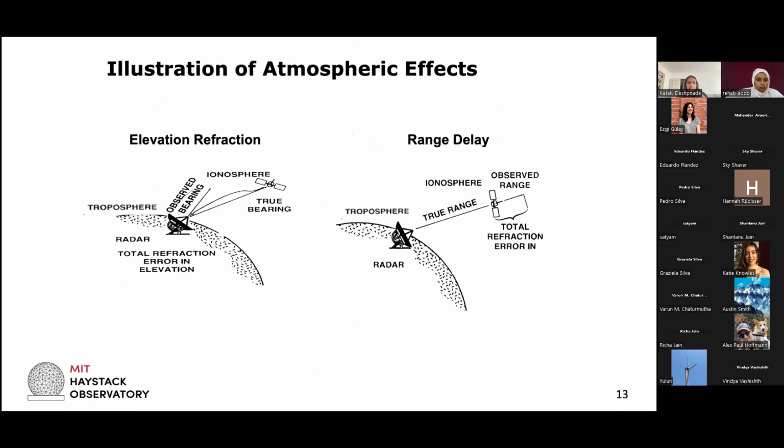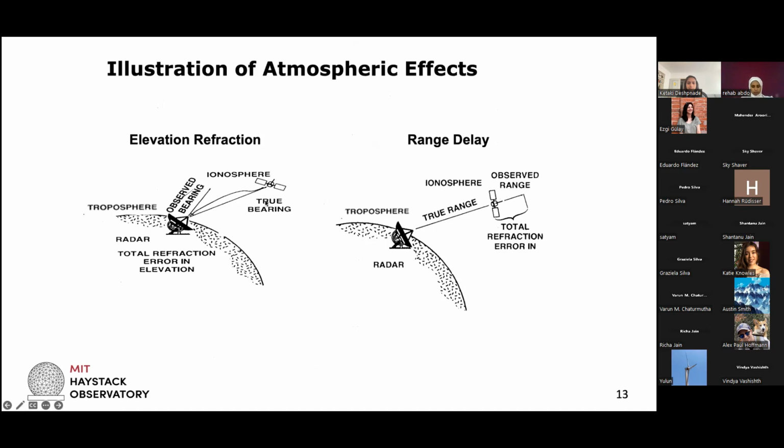And what does it do? The two things you really care about are elevation refraction and range delay. If you were tracking a satellite using radar, especially at lower elevations, your measurement is going to look like it's higher up than it truly is.